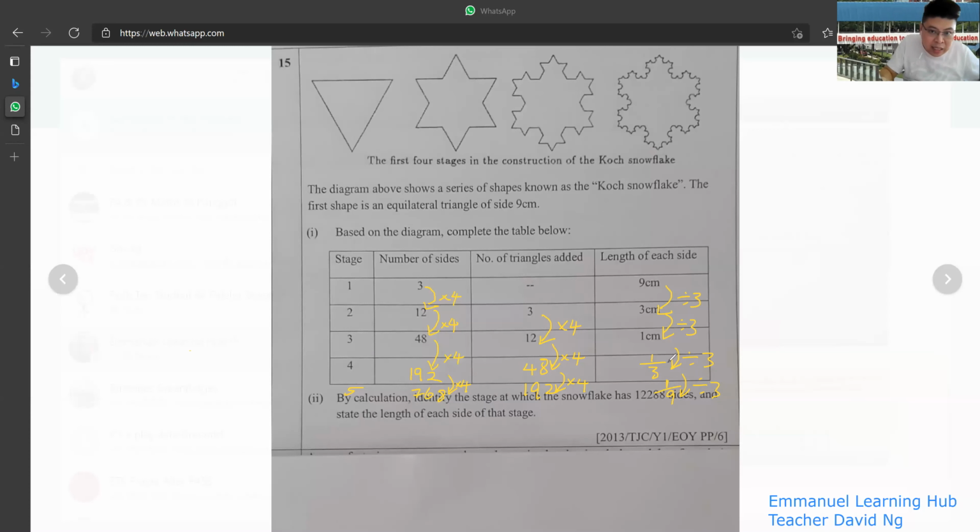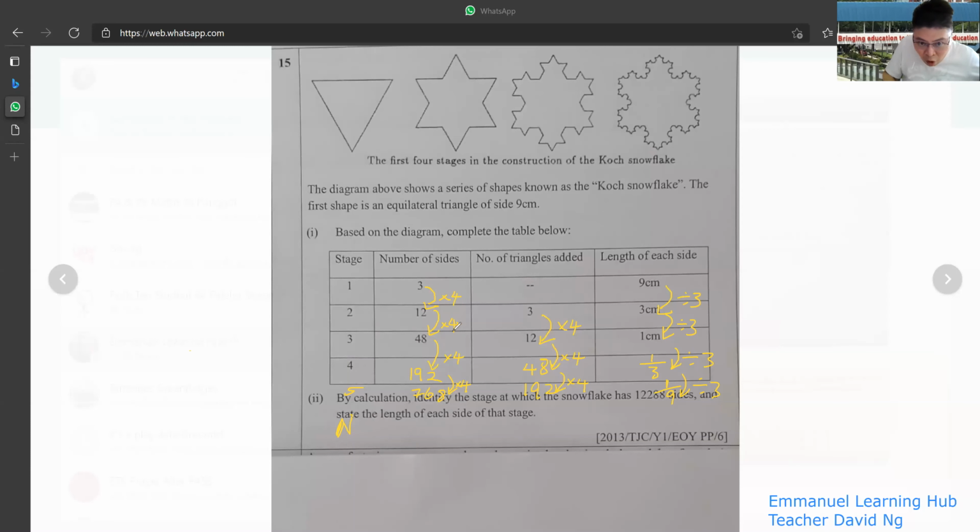Okay, if you're ready, let's try to hunt the formula. Okay, so you have a stage n. 1, 2, 3, 4, 5, n. If it's stage n, number of sides, let's see how you can get number of sides.